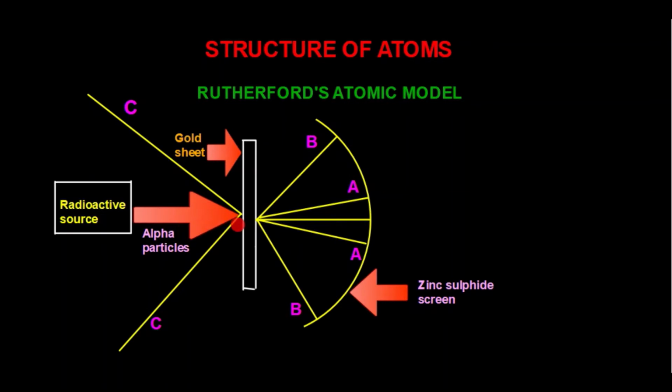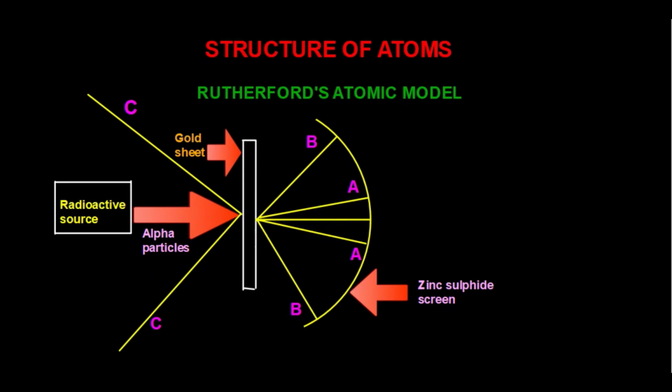Now, after the experiment, he observed most of the alpha particles passed straight through the gold foil. Only a few alpha particles were deflected, but 1 in a million was deflected through an angle greater than 90 degrees from their straight path.